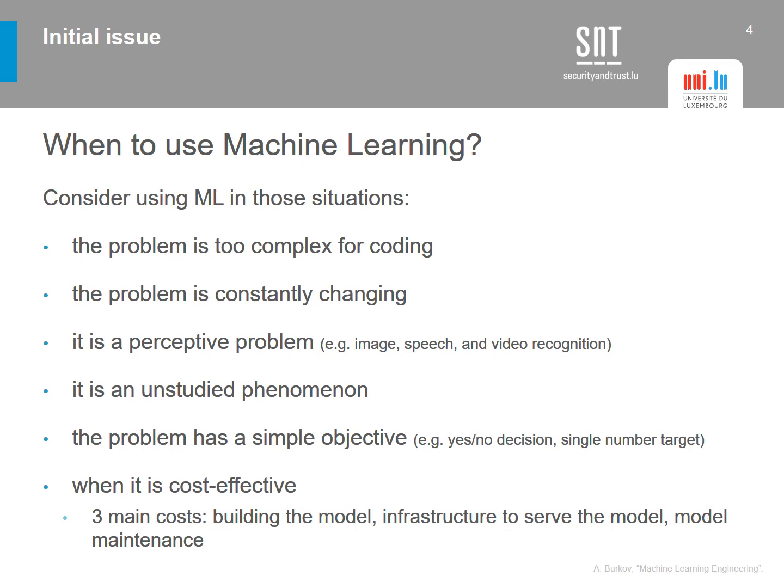So it can be costly in terms of time for us as developers, but also costly in terms of resources, because training big models can be costly in terms of computing power or computing in general. Also, another cost is infrastructure, because when we want to deploy our model, we have to serve it.